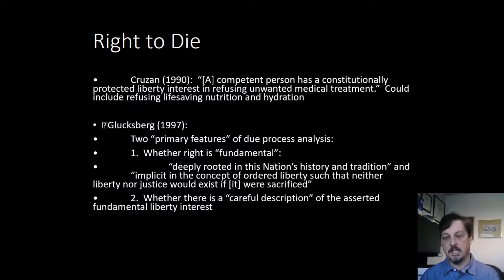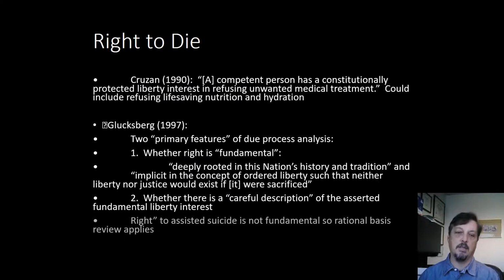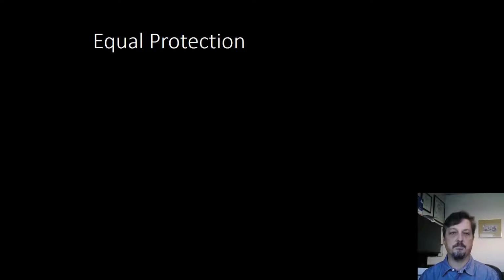And then whether there's a careful description of the asserted fundamental liberty interest that the plaintiff is claiming. The majority of the court decided in Glucksberg that there is no fundamental right to assisted suicide, and applied rational basis review to assisted suicide statutes.